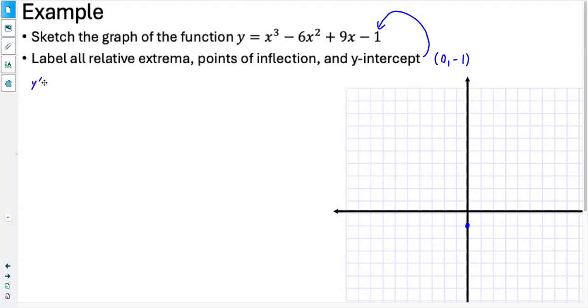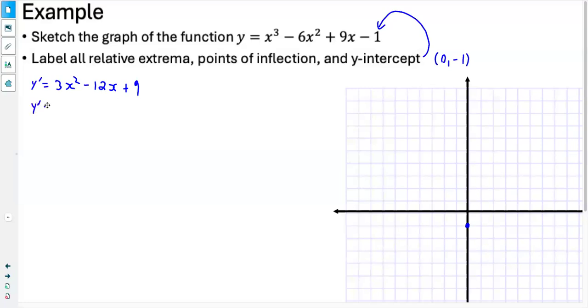So the first derivative of this would be 3x squared minus 12x plus 9. So look for where that equals 0. I'll start by factoring this. We can factor a 3 out of all these terms.